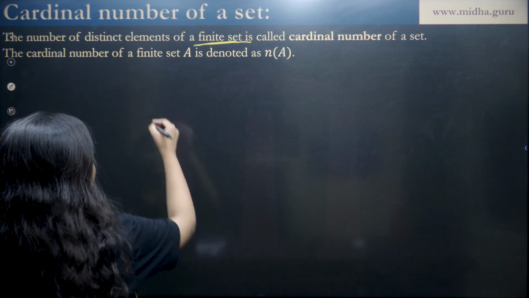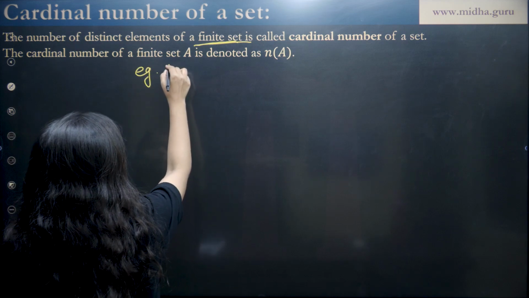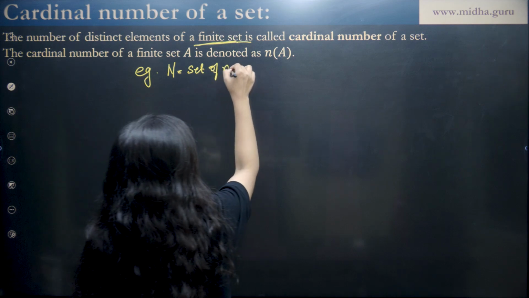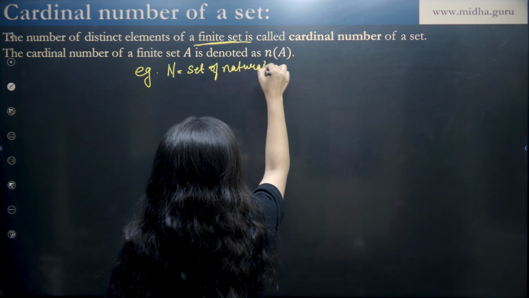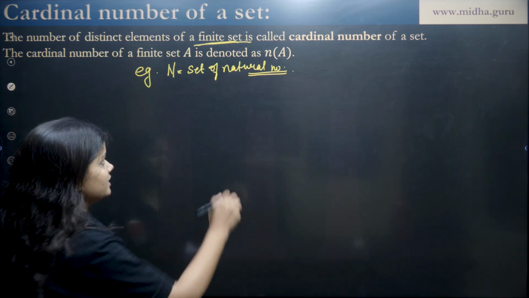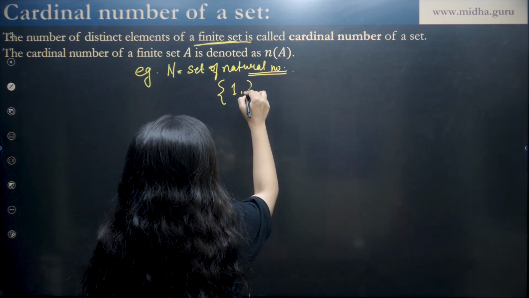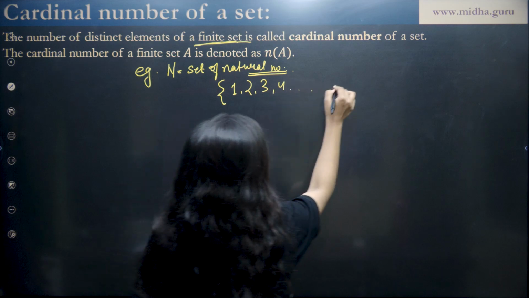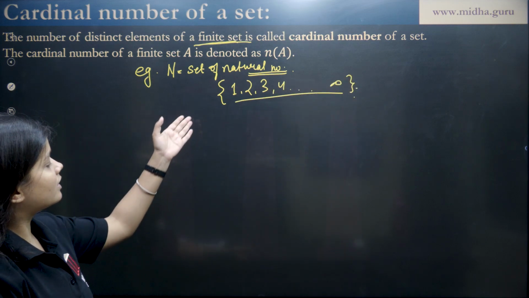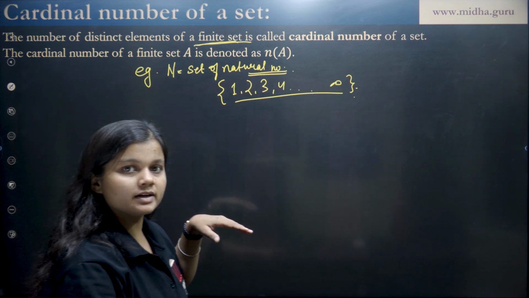Okay, for example, let us take the set of natural numbers. So this is an infinite set, right? The elements inside this are 1, 2, 3, 4 up to infinity. So this is an infinite set. So can we count the number of elements inside this set?